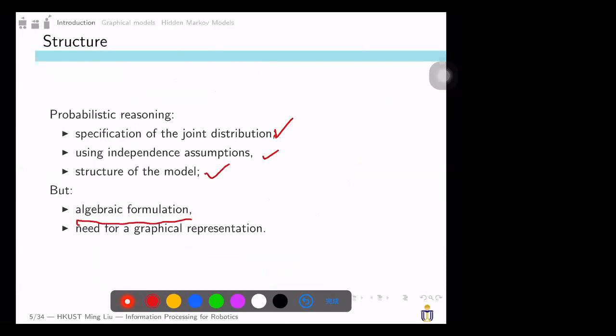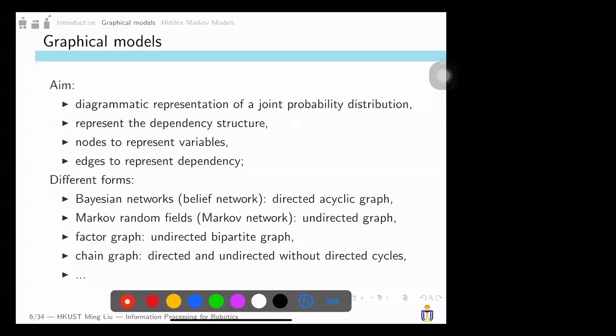We want to find the one-to-one mapping to this. And also we need a graphical representation. Right? So that's the stimulus of how we could further explore the independency, and we have the need of the graphical representation. So the aim is to have a diagrammatic representation of the joint distribution.